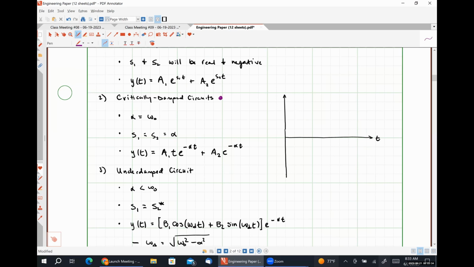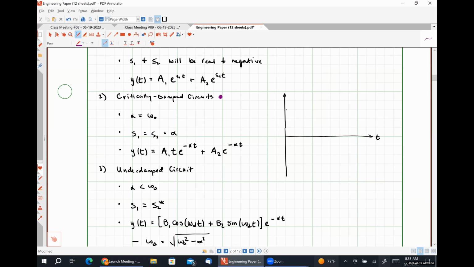For a critically damped circuit, we are going to decay relatively quickly. We are not going to experience any overshoot. So in a critically damped circuit, our system hits its final value in the shortest amount of time possible without any overshoot or ringing.